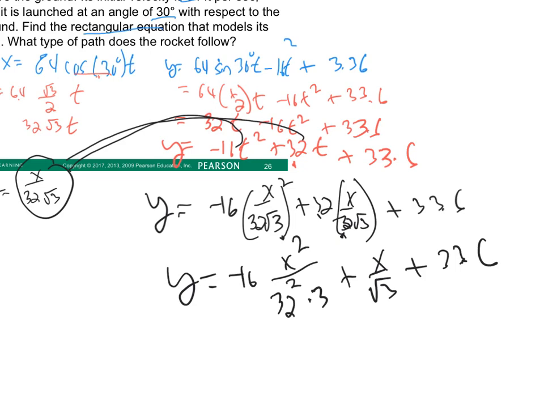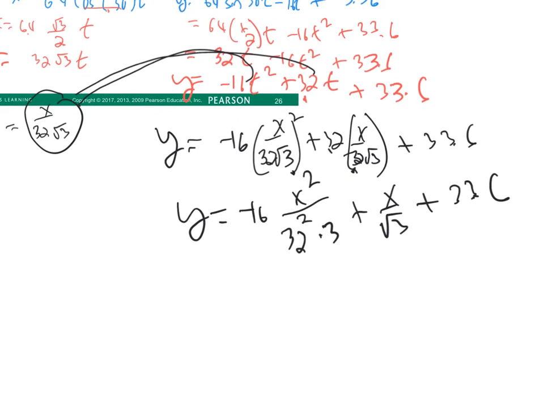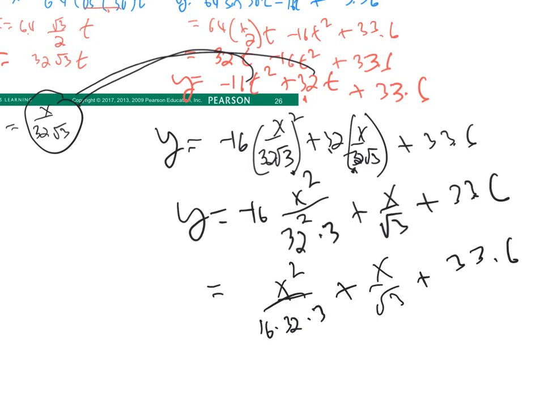I'm almost tempted just to leave it. Well, I can clean it up a little bit and get rid of this negative 16. I can say that cancels out one of the 32's. x squared over 16 times 32 times 3 plus x over square root of 3 plus 33.6. I'm going to leave it.